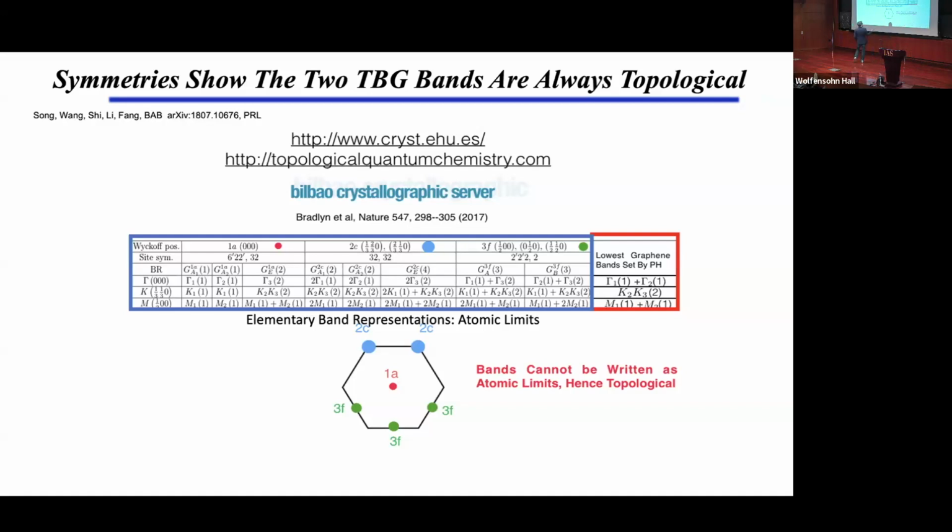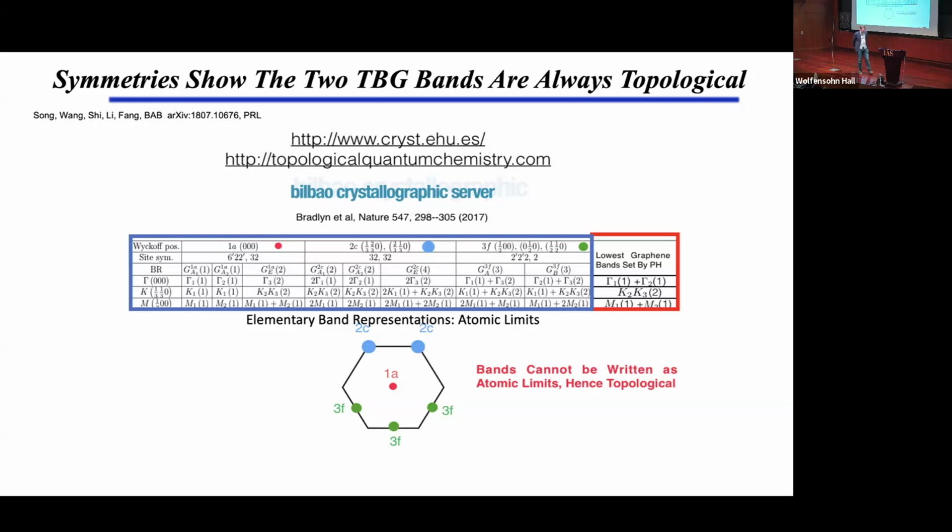For example, if I want gamma 1 plus gamma 2, I could write them down in terms of an s at the gamma point, and an s and a p orbital at this position, exponentially localized. This would also give me m1 plus m2, but instead of giving k2, k3, the two-dimensional representation here, it will give me k1 plus k1, two one-dimensional representations at the K point. It wouldn't be my band that I want.